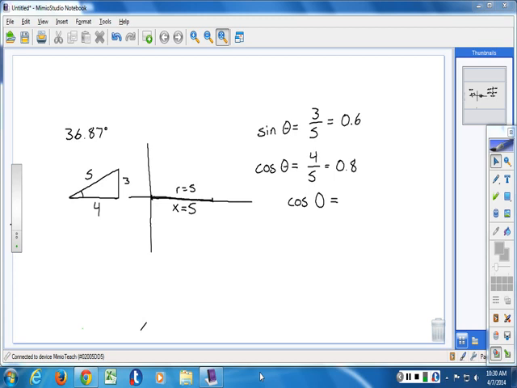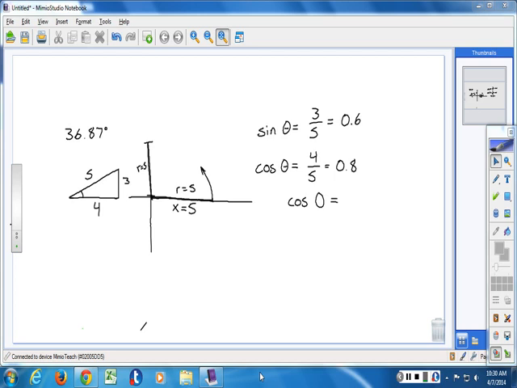Well, could we kind of predict the same thing with a 90-degree angle? Maybe. So if our radius was starting to swing up, so we took that endpoint and just pulled it straight up. Radius is still 5. So R equals 5, and we're straight up at a 90-degree angle. How much of that is horizontal? How much of that is going in the horizontal direction? 0. So that means that x over r, which is cosine, our x is 0.